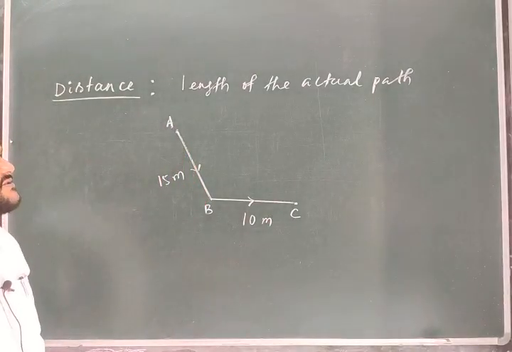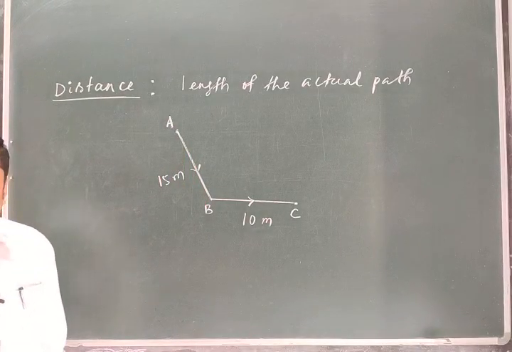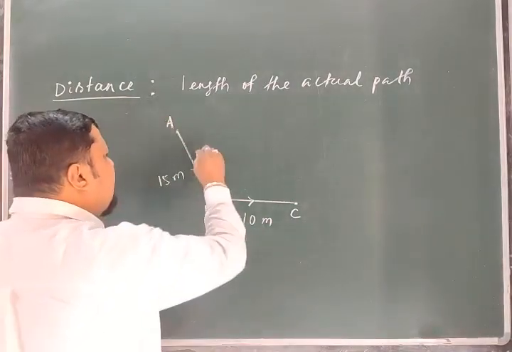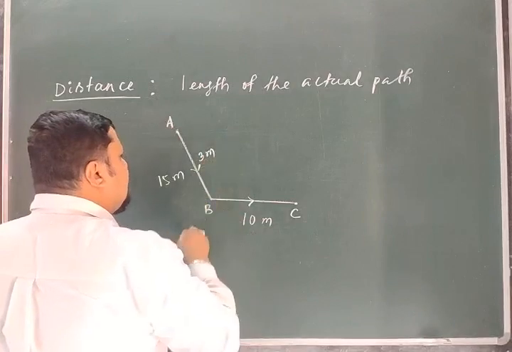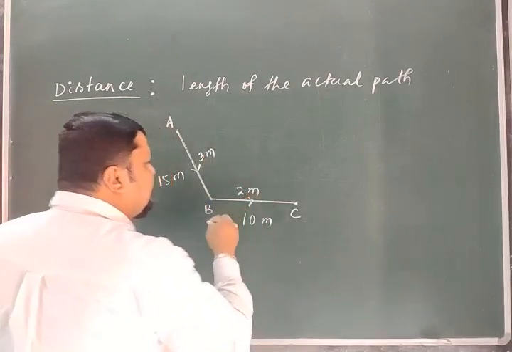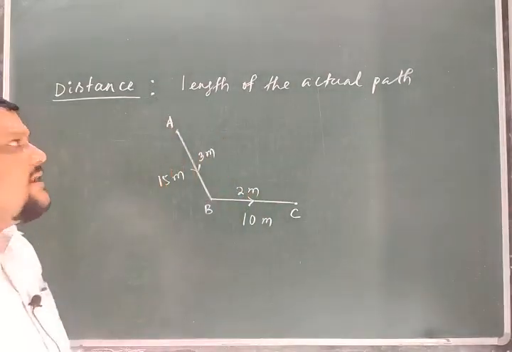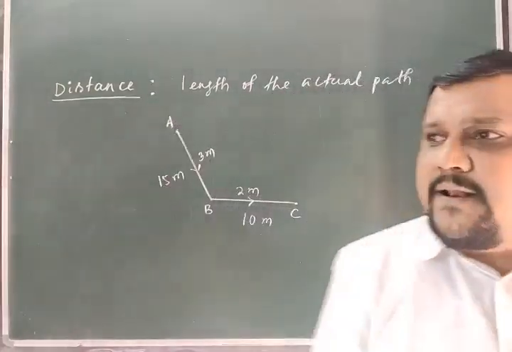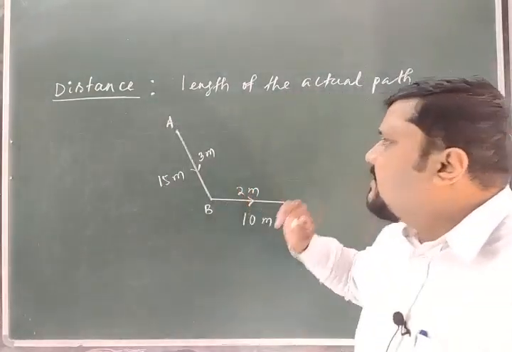Then if I ask you what is the distance traveled by the particle in the time interval, suppose to move from A to B it takes 3 minutes, and from B to C it takes 2 minutes. Then what is the total distance traveled by the particle in 5 minutes?